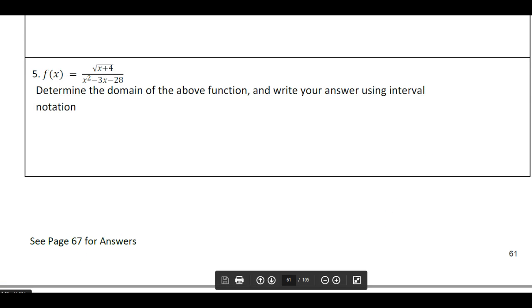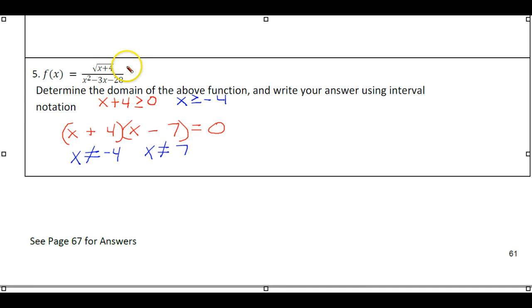Now let me set this up for you. So in our numerator here, we see that if we set it up to equal or greater than 0, which is what we've done, and solve it, we get x is greater or equal to -4.